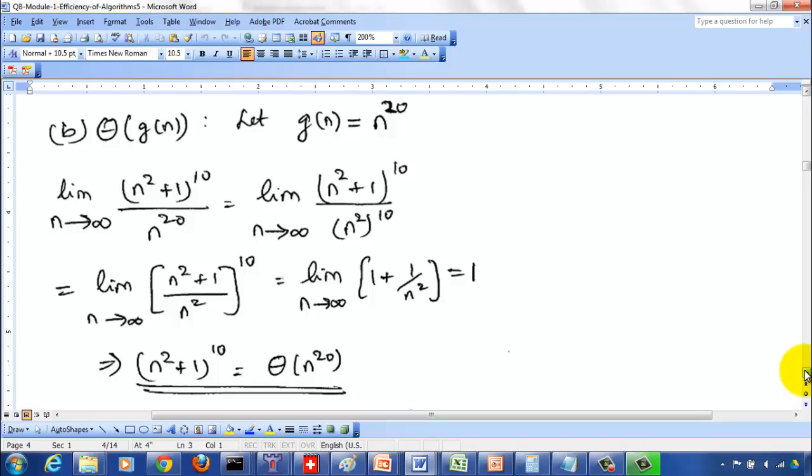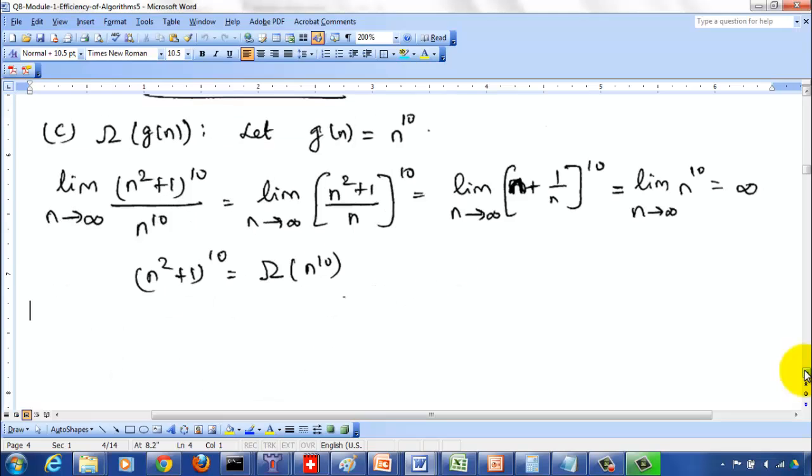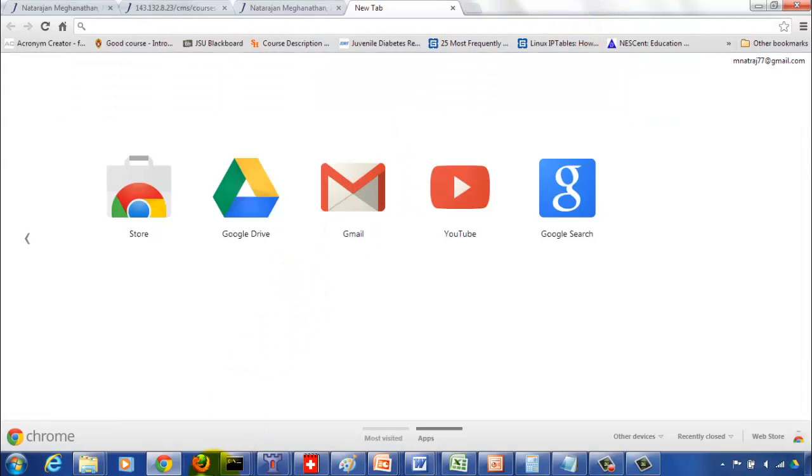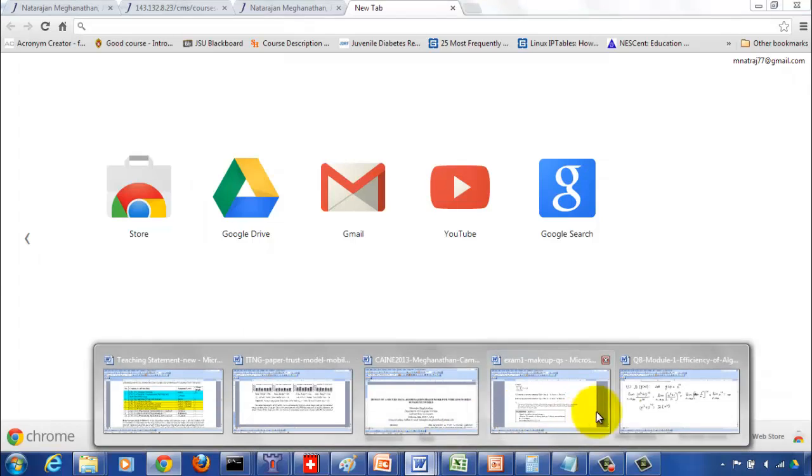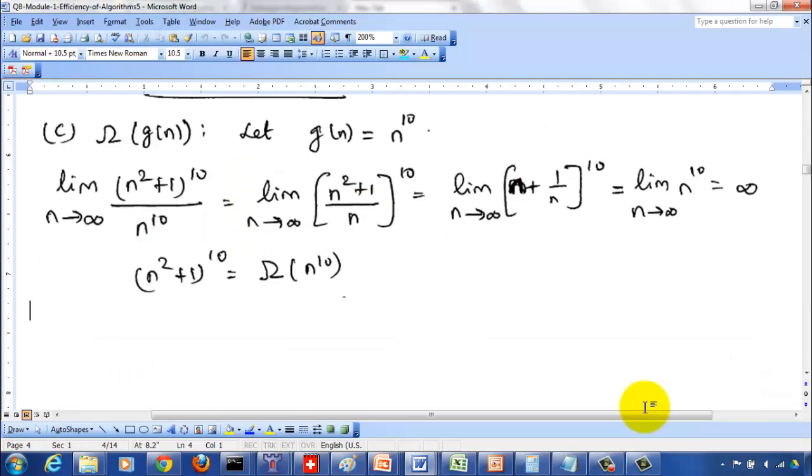So I can say (n square plus 1) the whole thing raised to 10 is theta of n to the 20. Now for big omega we want to choose something that's going to be less than n to the 20. So let's choose n to the 10. If that is the case, limit n tends to infinity (n square plus 1) the whole thing raised to 10 divided by n to the 10.